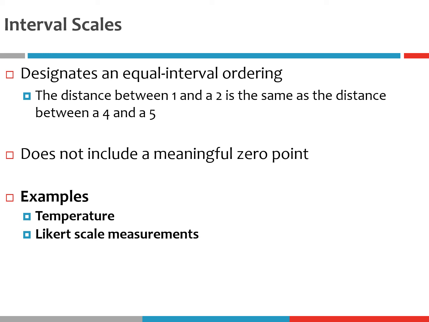My first example is Celsius temperature, or temperature on a Celsius scale. With a Celsius scale, it's meaningful to say that 25 degrees is 3 degrees hotter than 22 degrees, and that 17 degrees is the same amount hotter, 3 degrees, than 14 degrees.